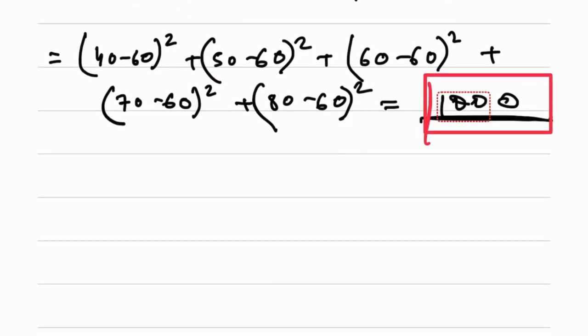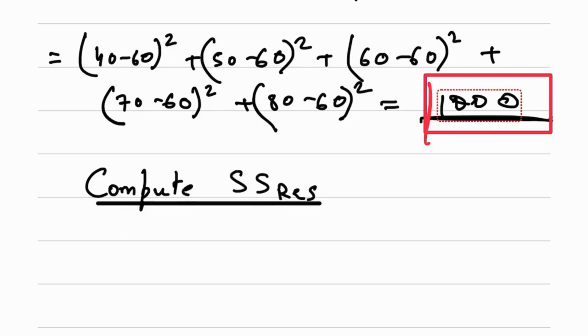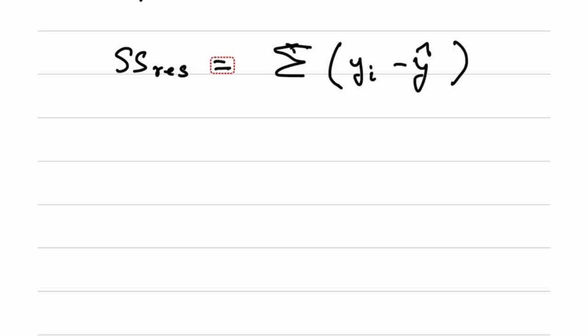Now let's compute the SS res, which is the residual sum of squares, which is yi minus y hat whole square.